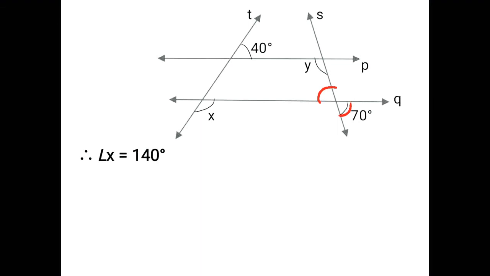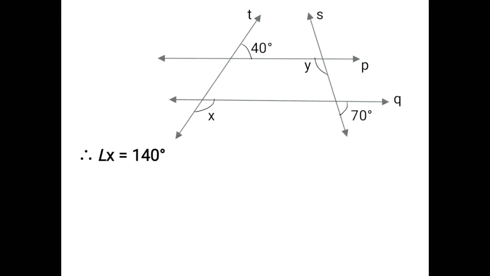Vertically opposite angles are congruent, I told you. A 70 degree angle is an acute angle, it is less than 90 degree. So this angle is also less than 90 degree, it is 70 degree. Okay, when you are taking line S as transversal, both angle Y and the 70 degree angle given here are interior angles, that is, inside on the transversal line S.